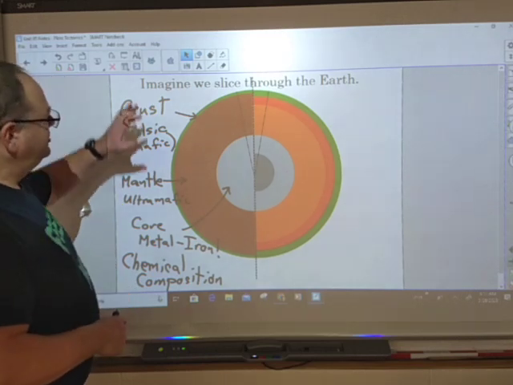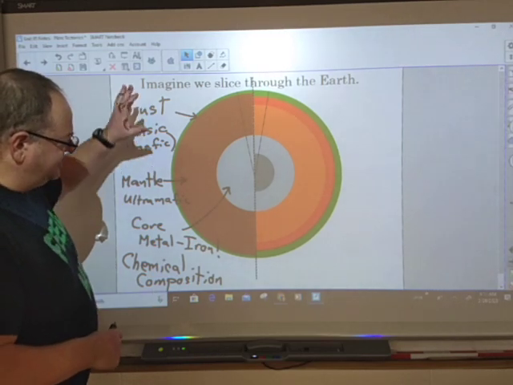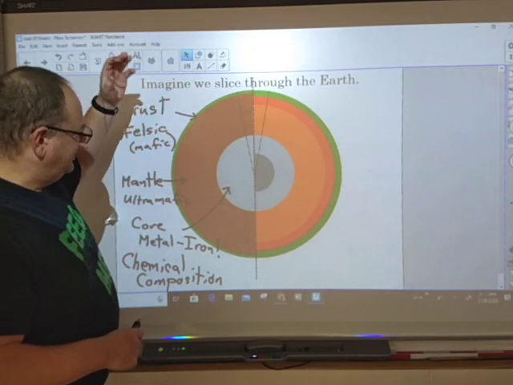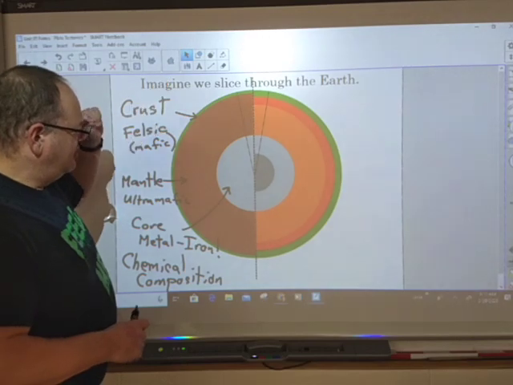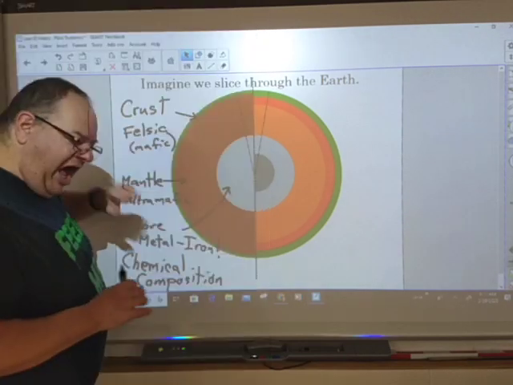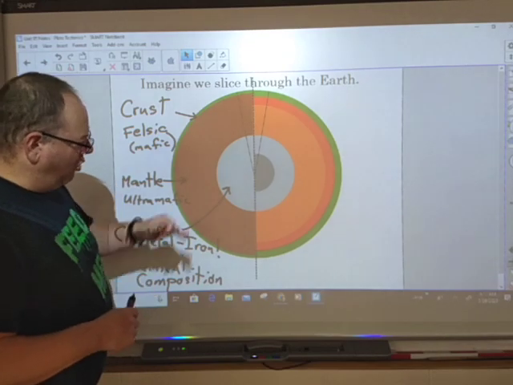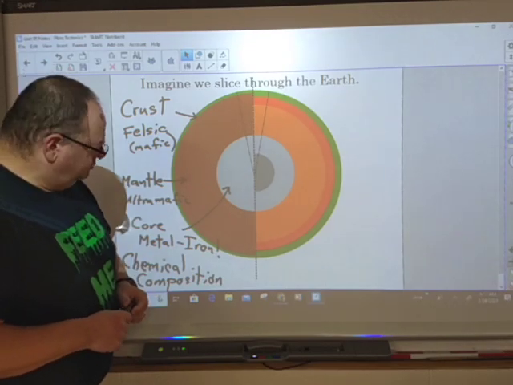Okay? So, based on chemical composition, based on what it's made of, the crust of the earth is low density felsic rock. The mantle of the earth is high density ultramafic rock, and the core is made out of metal.